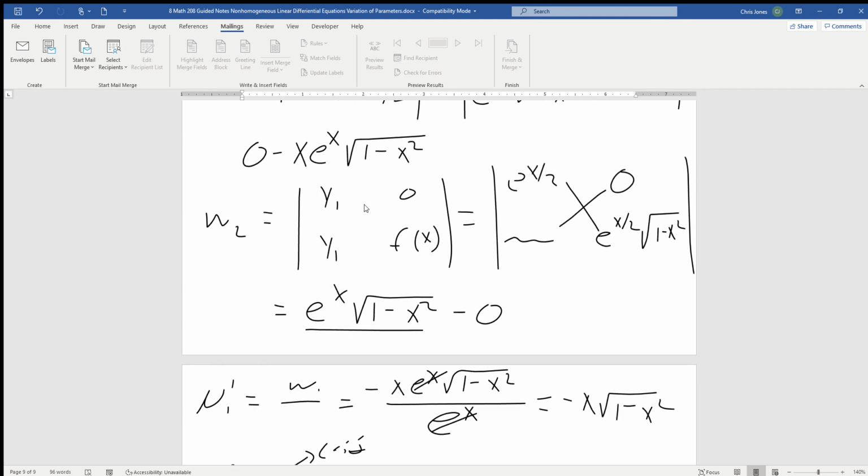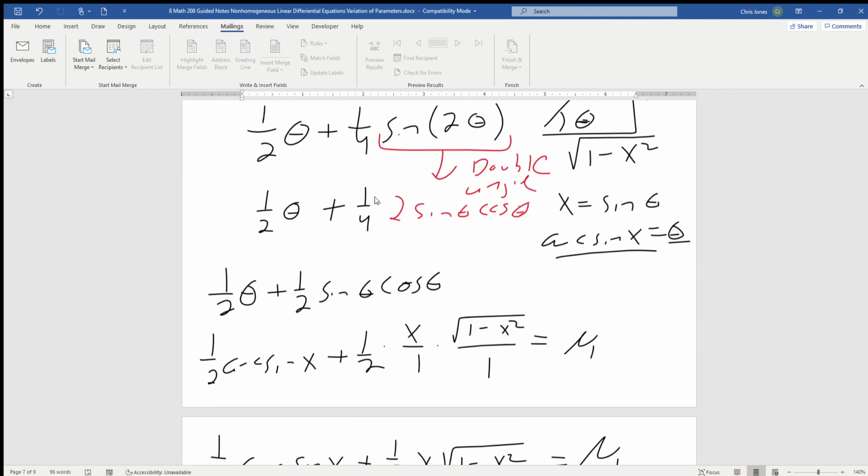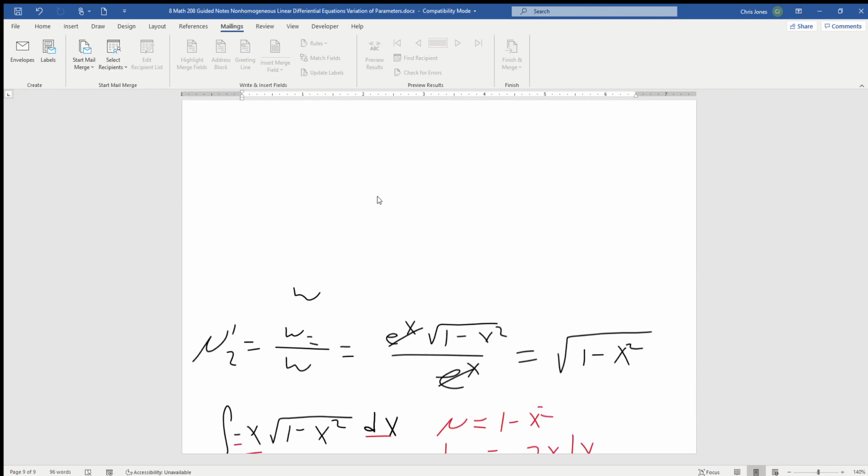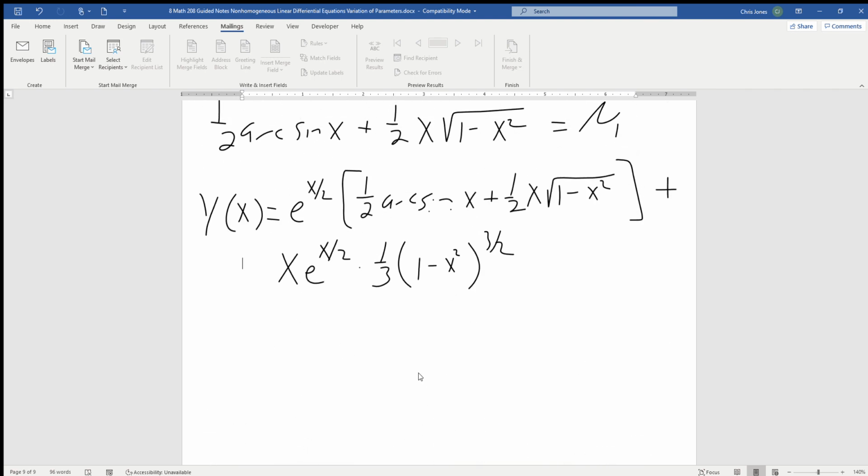Let me scroll up, see if we still have that one. No, I think I deleted it. Even if I scroll down, I think I deleted it. Yep, that's okay. I'm pretty certain that's the answer. All right. Plus, we had the original yc, which was c1 e to the x plus c2 x e to the x.